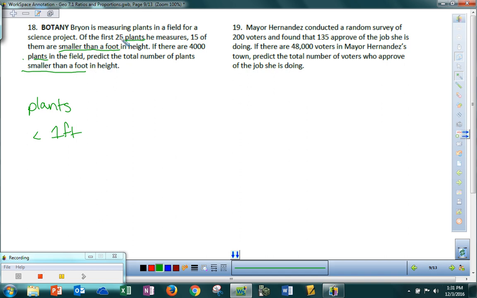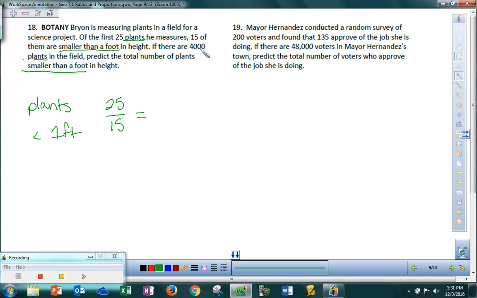So the number of plants in the first ones he's looking at were 25. Of those 25, 15 were smaller than a foot. So we can say the total number of plants to the ones smaller than a foot is 25 to 15. Well, if that's the order we're comparing those, we want to do the same thing for our next set.